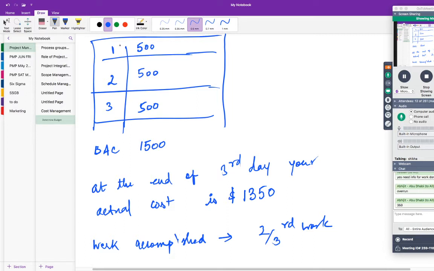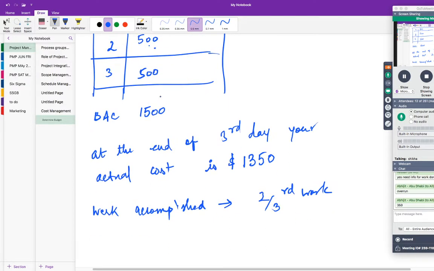For 1 day of work 500, for 2 days another 500, for 3 days another 500. So for 1/3 of the work it is 500, for 2/3 it is 1000, and for 3/3 of the work it is 1500. So work accomplished is 2/3 of the work.